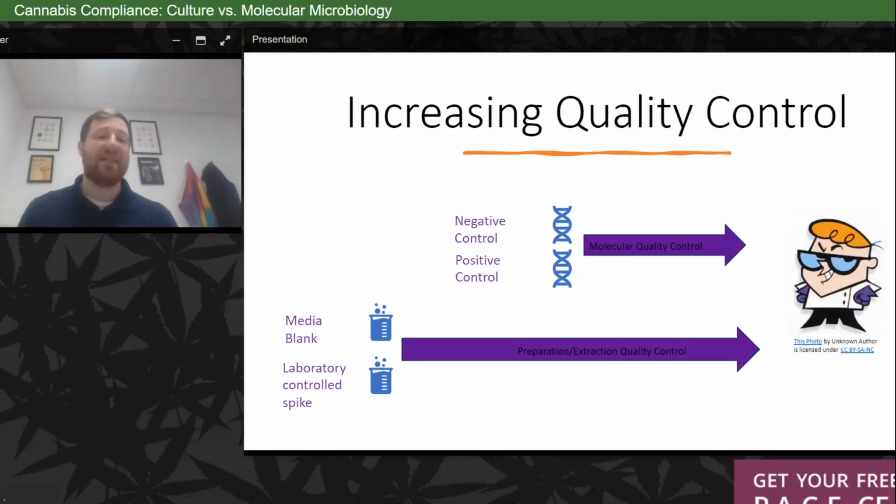The second thing is a negative and positive control when it comes to molecular. What people often get lost in is that we don't do the blank or the laboratory controlled spike in molecular, which you should still do. If you're testing for Salmonella, you should still do a media blank and a Salmonella spike incubated with your samples and carried along with them, so that it can serve as a kind of prep blank.